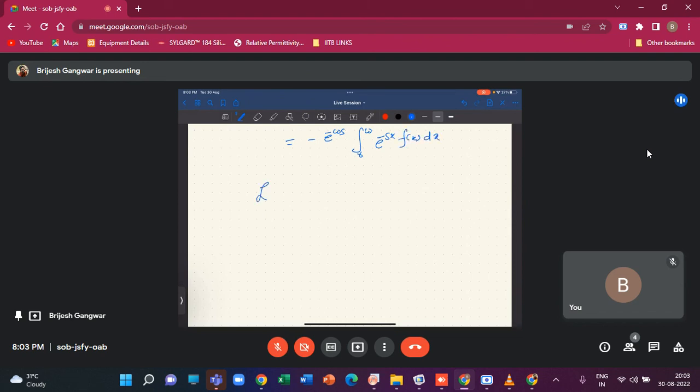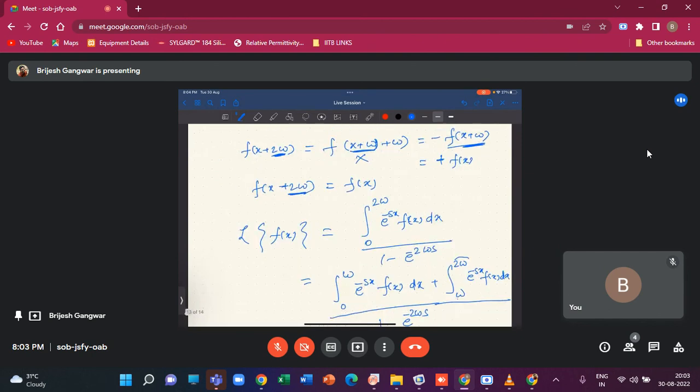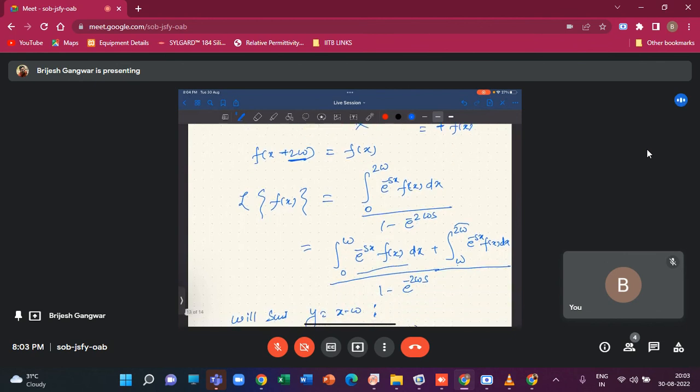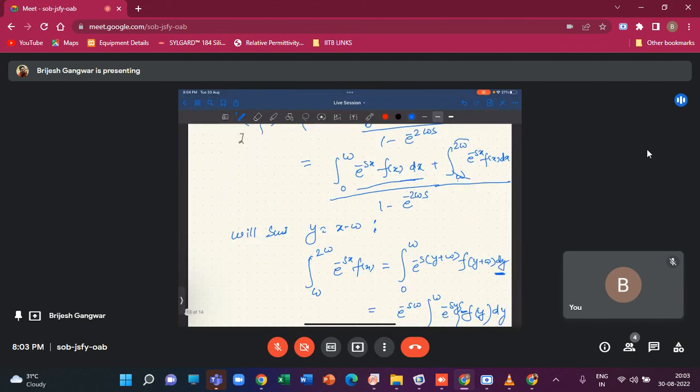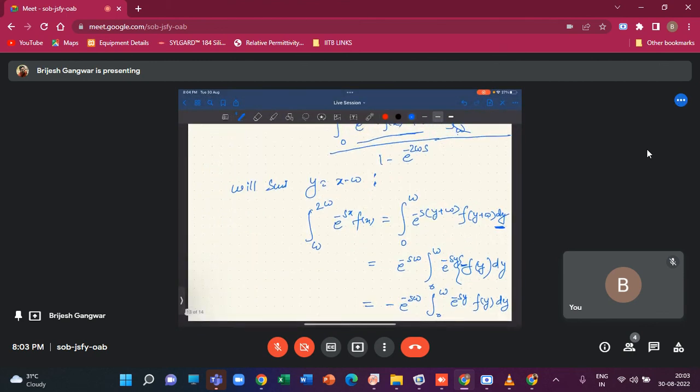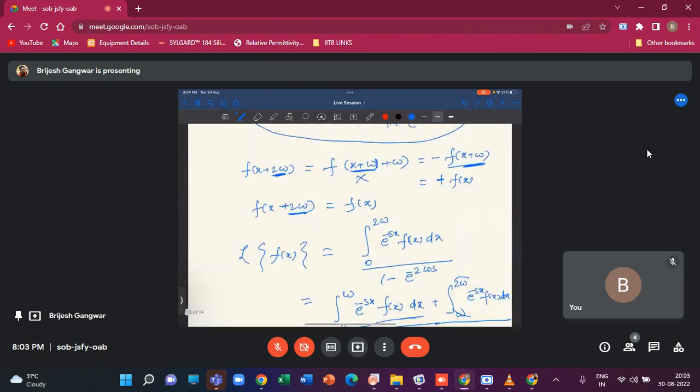Okay, so Laplace of f(x) with the condition f(x + omega) equal to minus f(x), you can write in the first integration, and this integration is same, only this factor is extra, right?